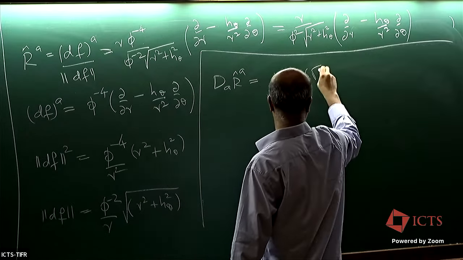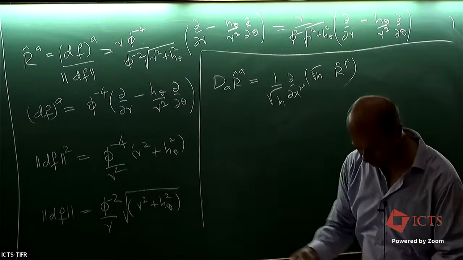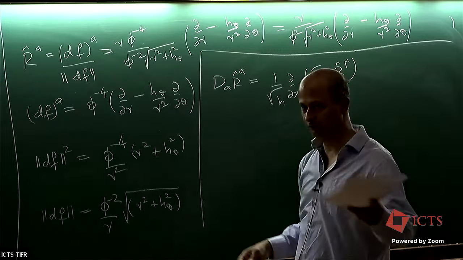So if you now use this vector here with this component, and this multiplied by this component for the theta direction, and you plug it all in here, then you can show, and this is then the starting point for a tutorial today, this equation becomes the following, which is del by del r of phi to the 4th r cube sine theta upon r square plus h theta square equals del by del theta of phi to the 4th r h theta sine theta divided by r square plus h theta square.